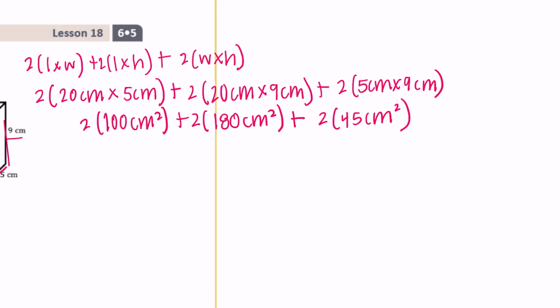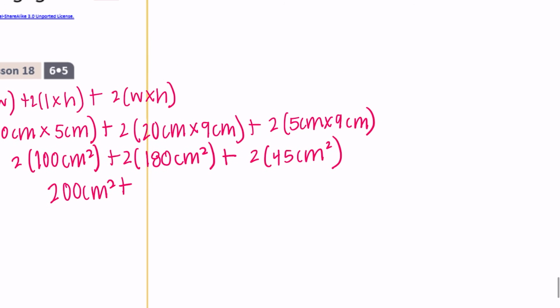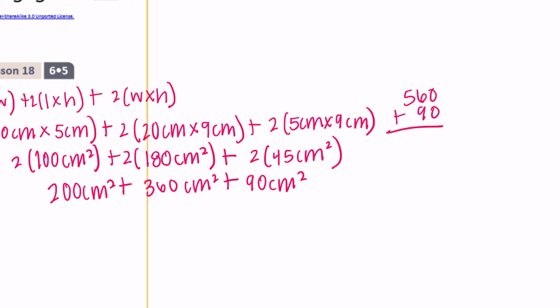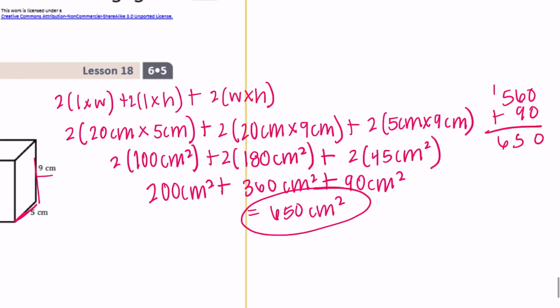Now let's double everything, because we have two of those, so 200 centimeters squared, plus 2 times 180, I believe is 360 centimeters squared, plus 2 times 45 is 90 centimeters squared. So 200 plus 360 would be 560, plus 90 gives us 650 centimeters squared as the surface area.